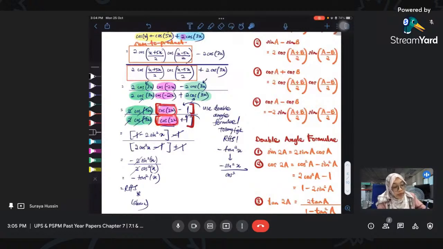Nampak je 2x ataupun 2 theta, dia hubung kait dengan double angle formula. So you gotta be very good in this, nampak 2x, oh wow, nampak 4x, oh nampak 8x. It's gonna help you in doing double angle. You just gotta believe in that.